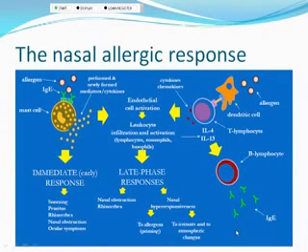So what happens when you have an allergen exposure in the nasal passage, and how does it work? You may be familiar with this already, but it's worth going through again. You have the allergen cross-linking the IgE on a mast cell, releasing a number of mediators, preformed mediators like histamine, prostaglandins, prostacyclins, leukotrienes, and so forth, and it sets off an immediate early response, which we classically see within minutes, 15, 20 minutes: sneezing, itchy nose, runny nose, nasal obstruction, and conjunctivitis.